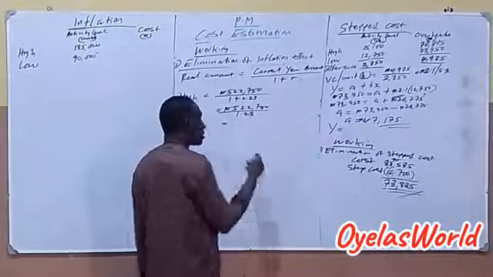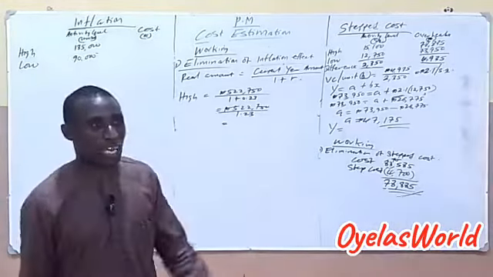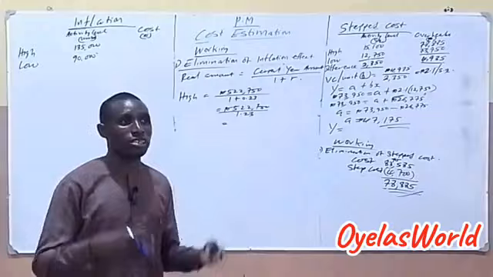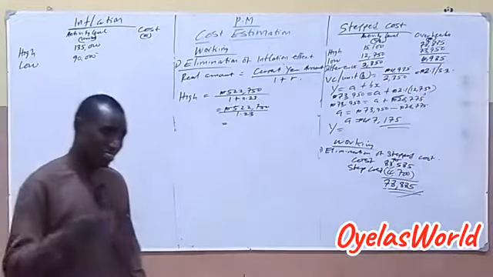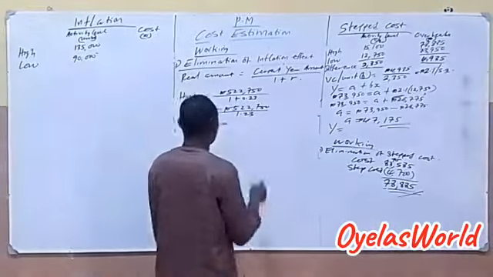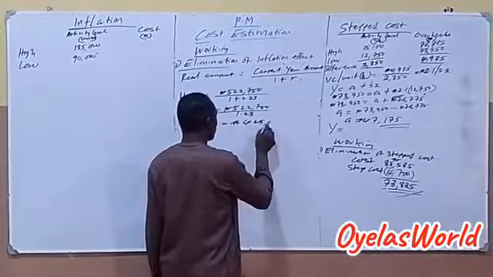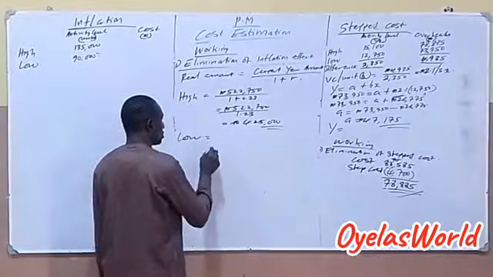You can see the formula, just the current year divided by price index. I give you this because sometimes they may not give you the price index, just say an inflation rate of 5%. So what do you have? 425,000.